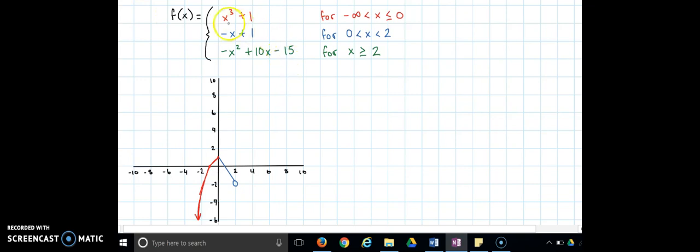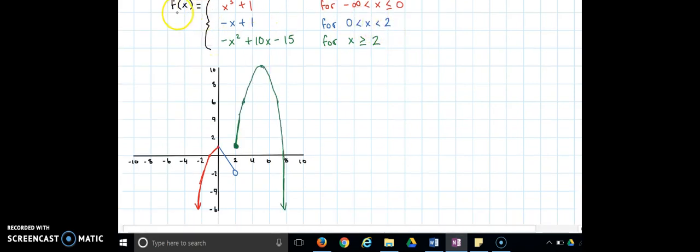Our second step is to graph f of x is equal to negative x plus 1 when x is larger than 0 but smaller than 2. This blue line is that function, and I put a hole here when x is equal to 2 because x is not equal to 2.